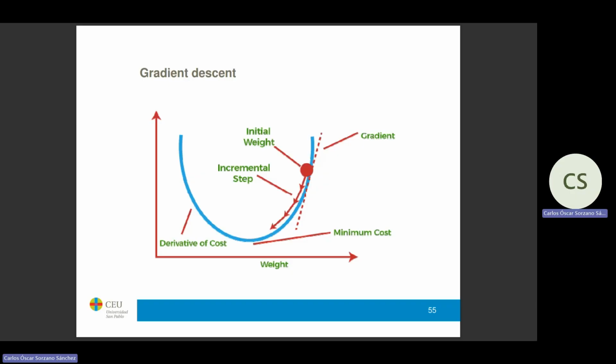And then you approximate this by a hyperplane, that's the gradient. The gradient goes up, and then you go in the opposite direction. You move a little bit, then you move to here. Then here you estimate the gradient again, and then you move a little bit, and then here you estimate the gradient again, until you get to the minimum.